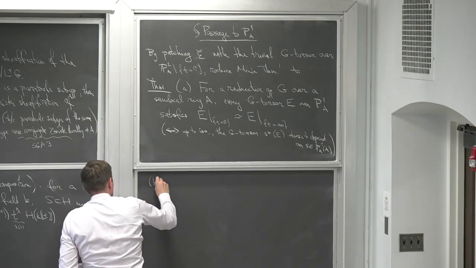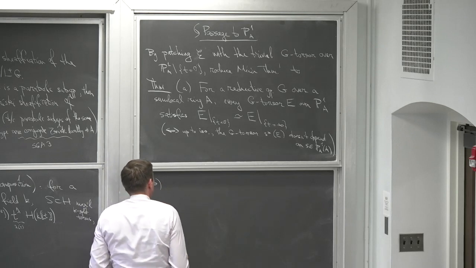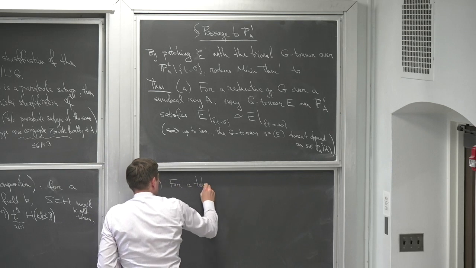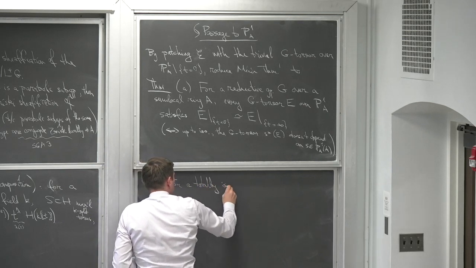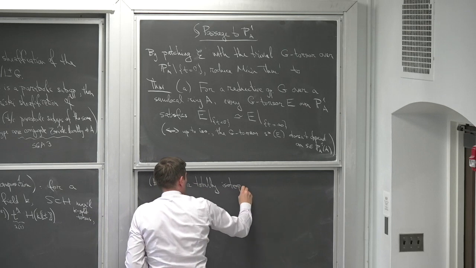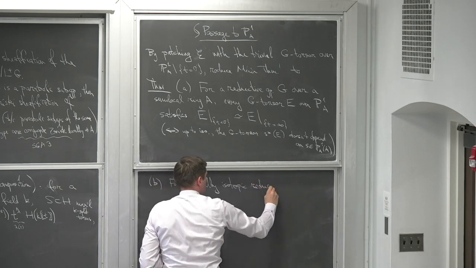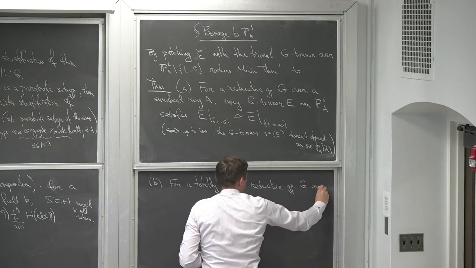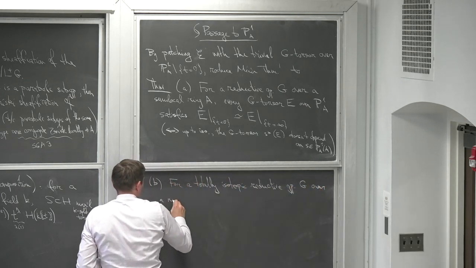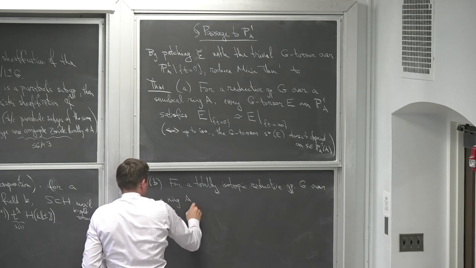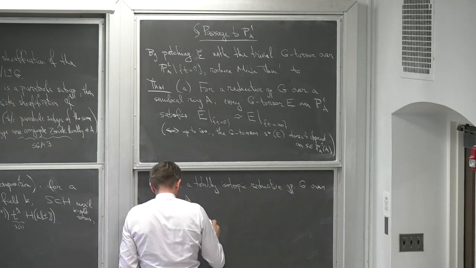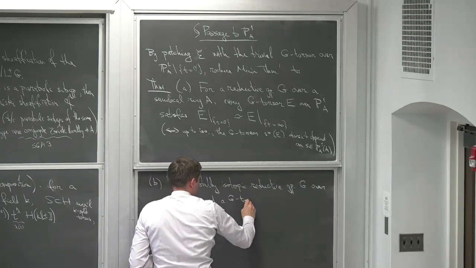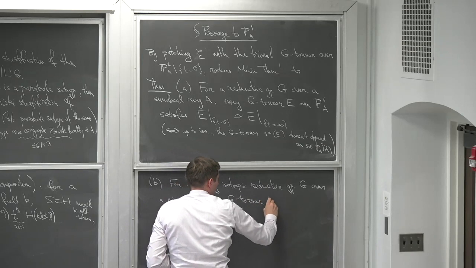Okay, and part B is when the group is totally isotropic. So we have a totally isotropic reductive group G, and now over any ring A, and a G-torsor E over P1.